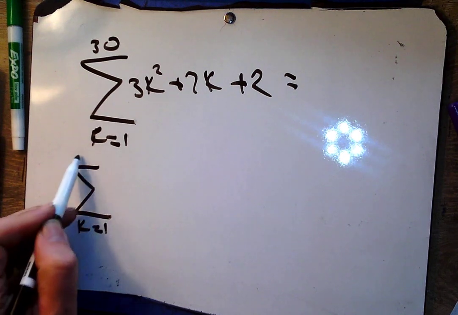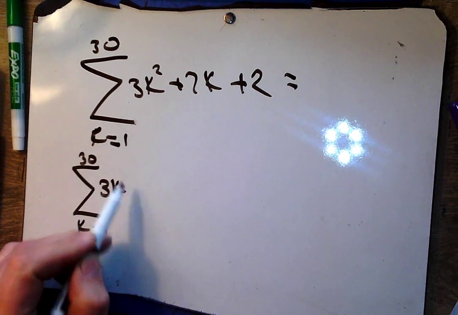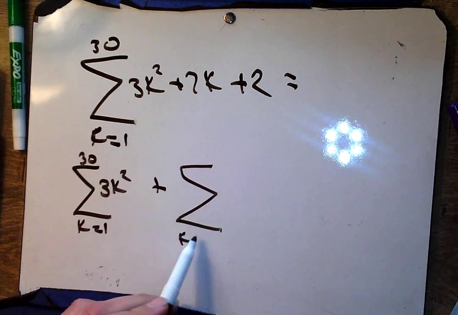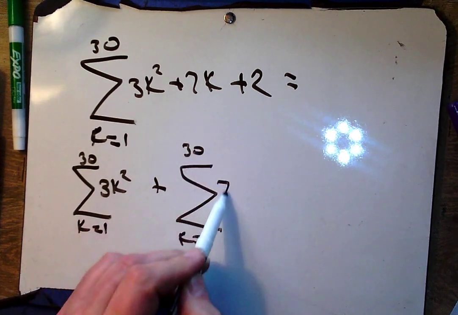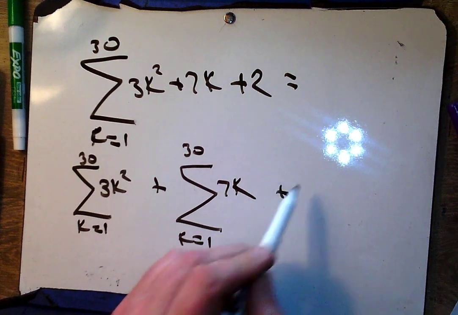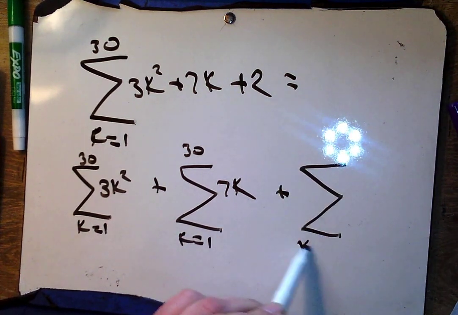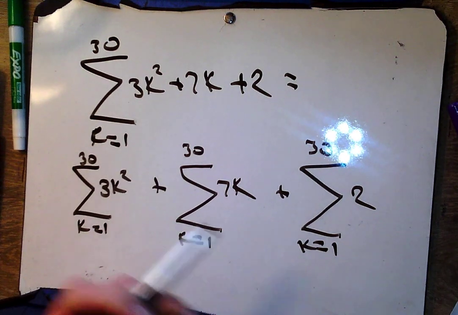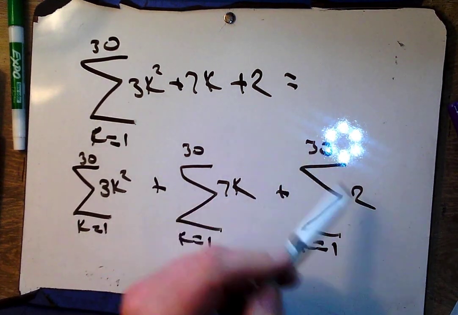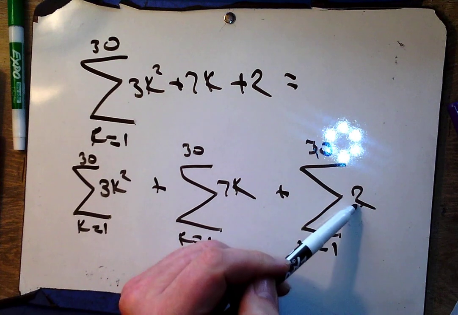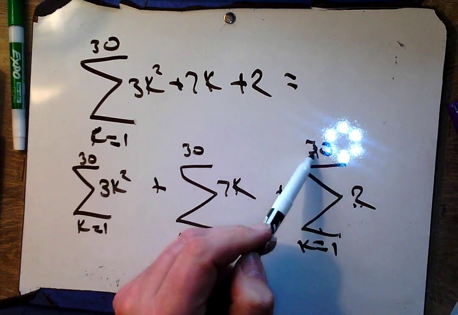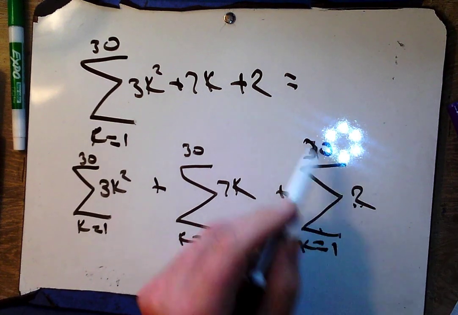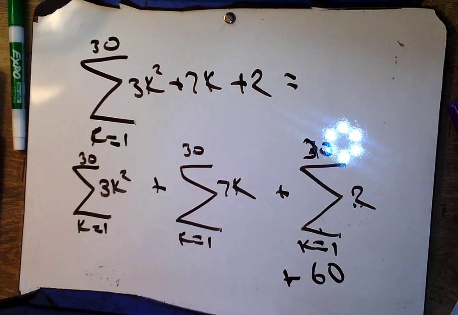The sum from k equals 1 to 30 of 3k squared, plus the sum from k equals 1 to 30 of 7k, plus the sum from k equals 1 to 30 of 2. How does that help? Well, don't I know the sum of a constant is simply that constant times the upper value of 30? So I know this is going to be 2 times 30, or 60.